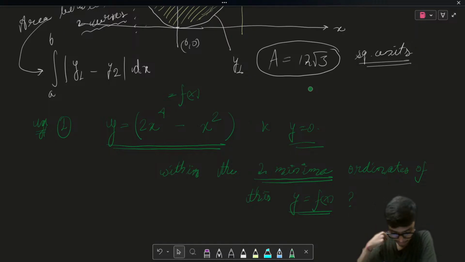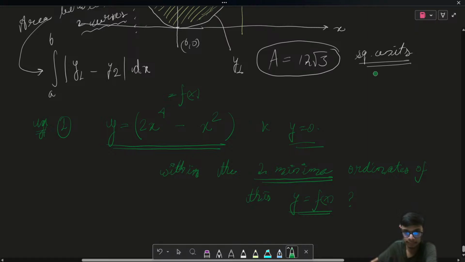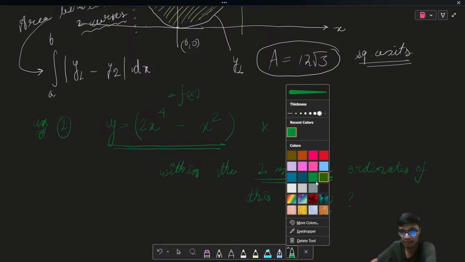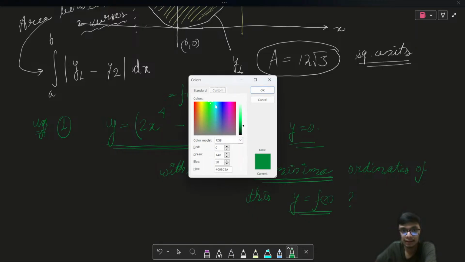Okay. I think this green pen is not that clearly visible on the blackboard, so rather I will try to write in different colors, okay? So I will not use this green color. I'll change the color of this pen. I will use some better colors, like something like this.